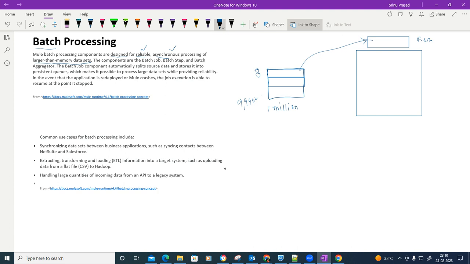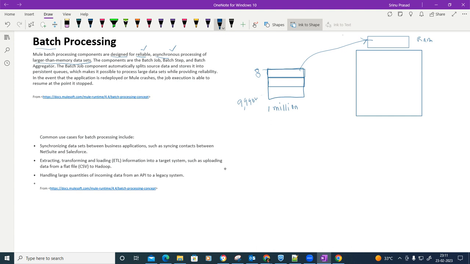Your system crashes when only a few records are left. We successfully processed 9 lakh 90,000 records, and at the end the system crashed. Once the system resumes, you need to start processing from that record onwards. So your system is not capable enough to handle failures or crashes, which means the system is not reliable.